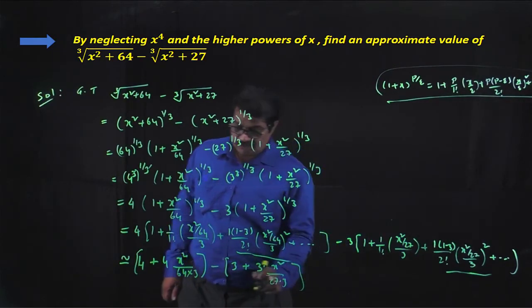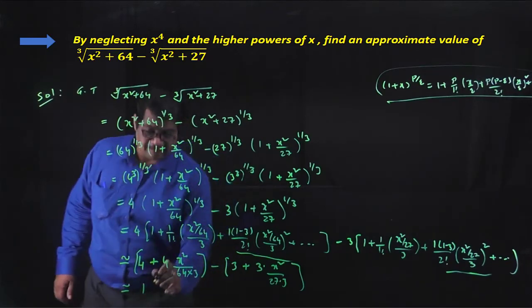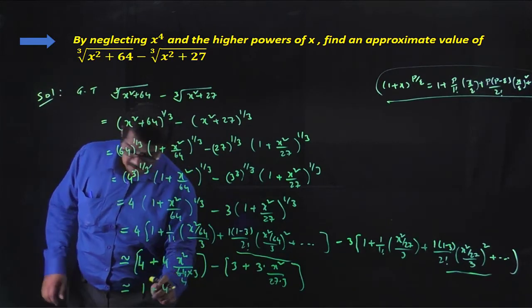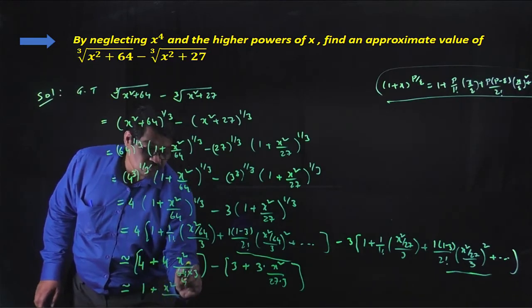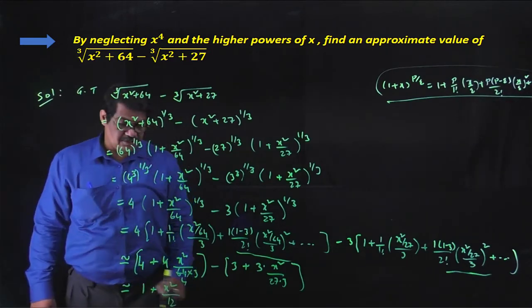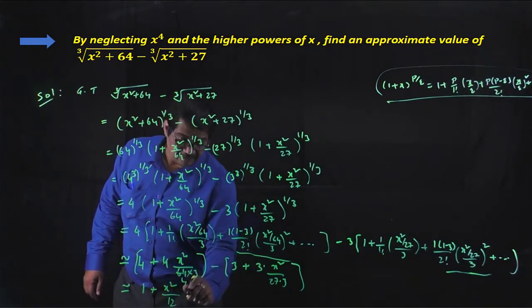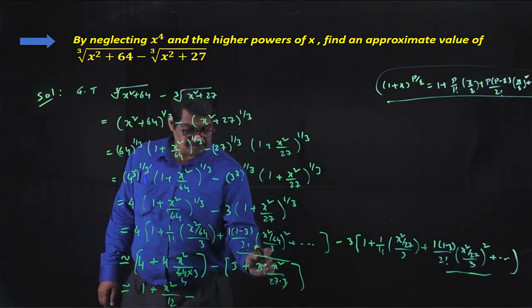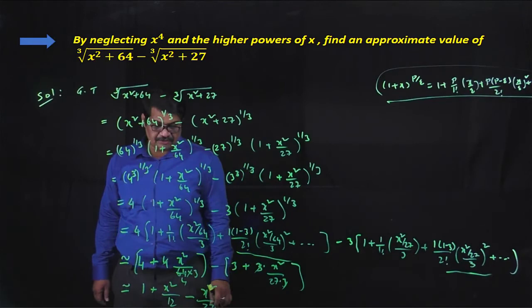So here 4 minus 3, that is 1, plus 4 times cancels. We are getting x square by 4 into 3, 12, so this is x square by 12. Here 4 minus 3 is 1, we are writing. Here minus, the 3 will be cancelled, minus x square by 27.